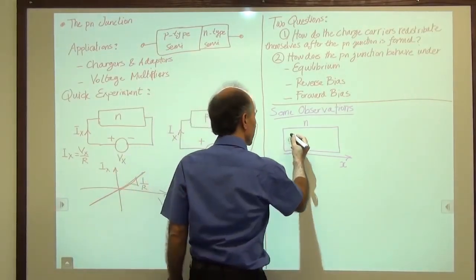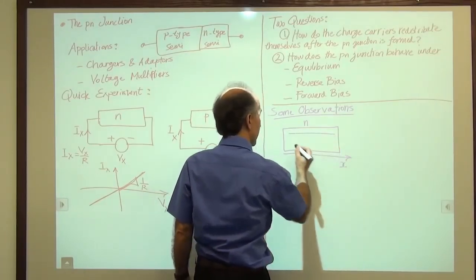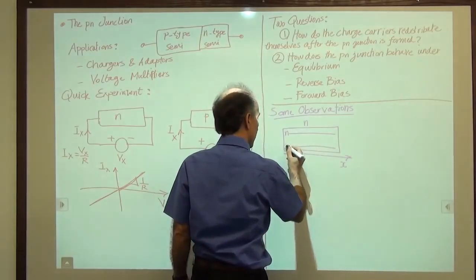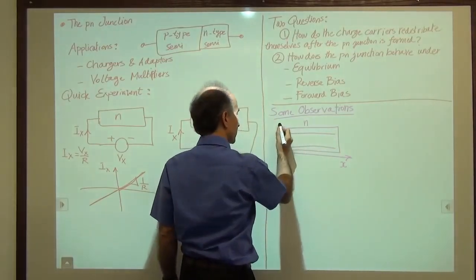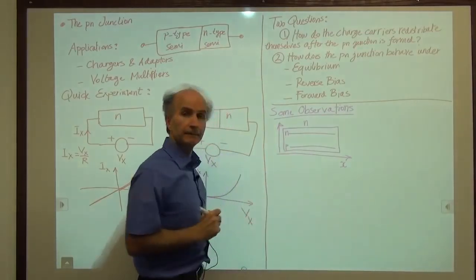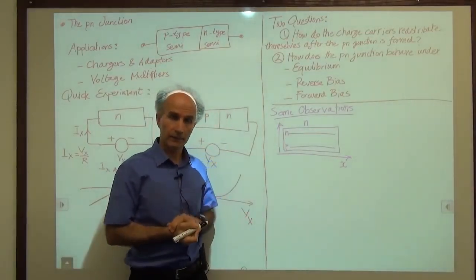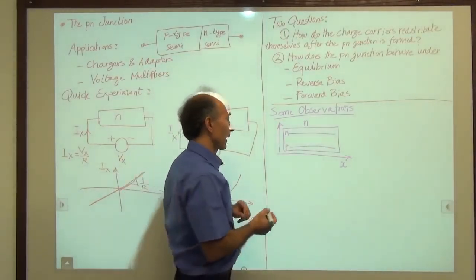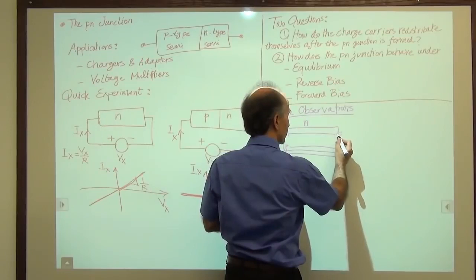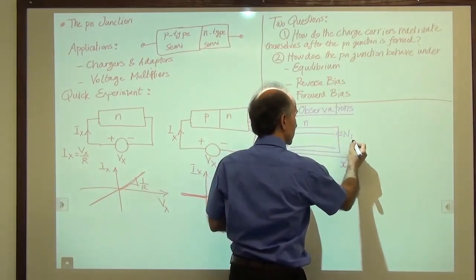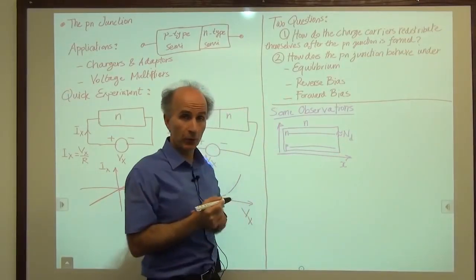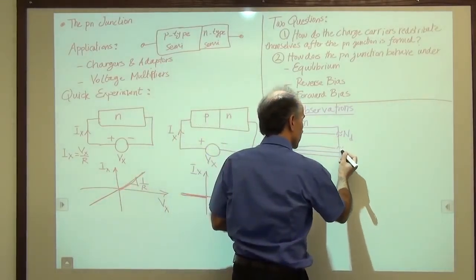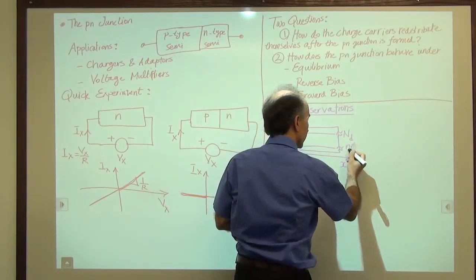So what we will see is that N is up here and P is down here. And that is the concentration axis. N is very high, P is very low. How much is N? Remember the equation we had. N was actually about equal to ND, the number of donor atoms per cubic centimeter, and P was Ni squared divided by ND.